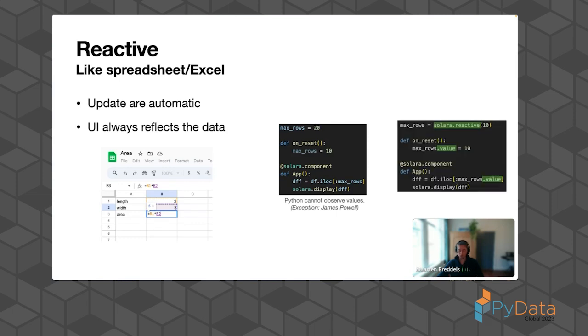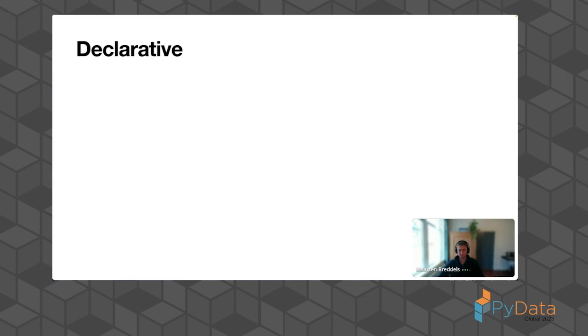Instead, a very Pythonic solution is to have a container around a value. In this case, we have a reactive variable max rows that you write to and access using the property value. With this, we can implement that our components are reactive.